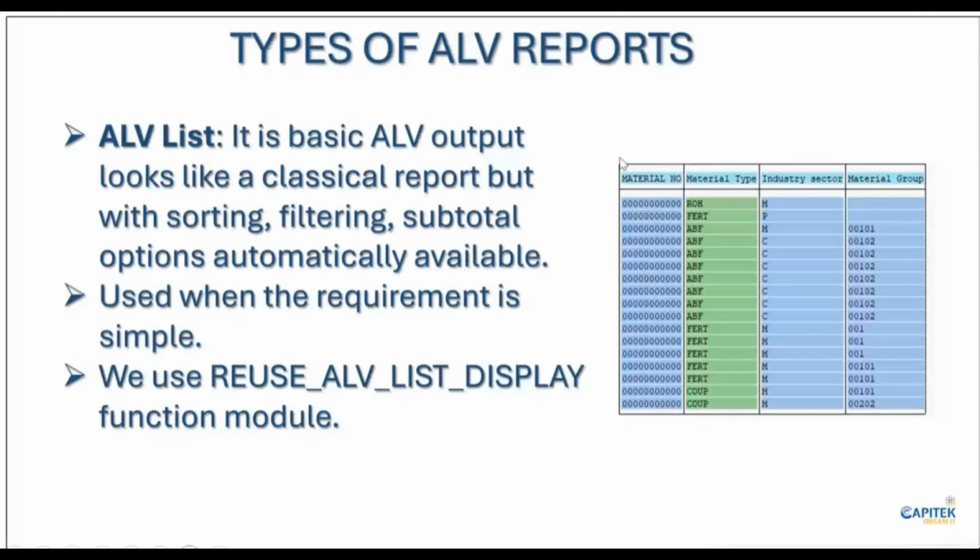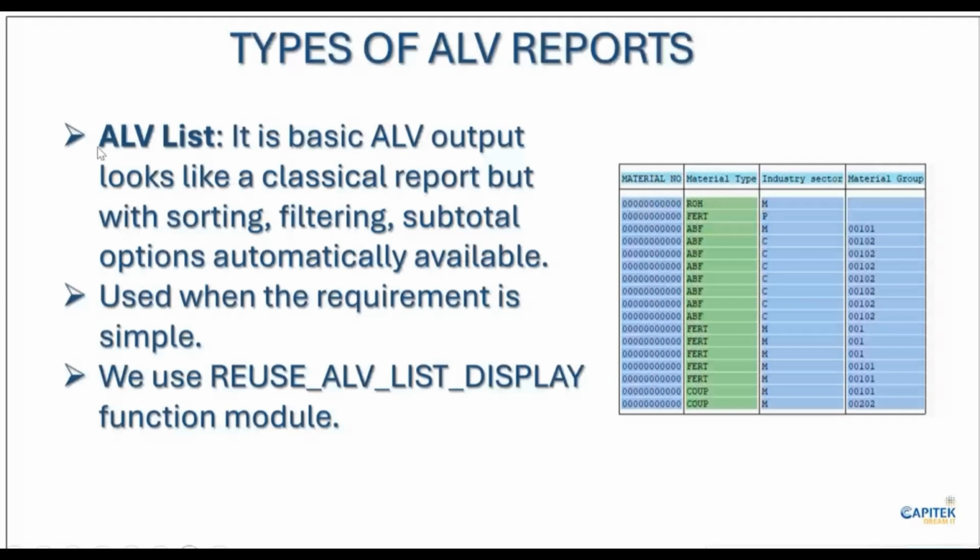But the major difference is the formatting and the coloring. The coloring comes automatically here, and the horizontal and vertical lines are handled internally by ALV list only. You don't need to write all those things. This is how the output generally looks like in case of ALV.